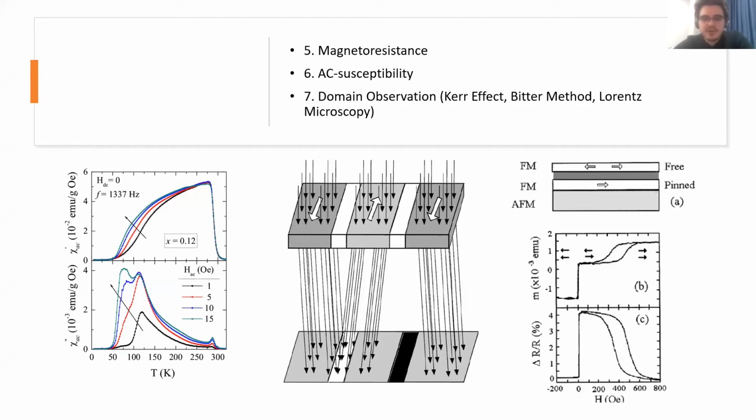The magnetoresistance curve, as can be observed in magnetic tunnel junctions, shown here, is a useful technique to observe our exchange bias systems.